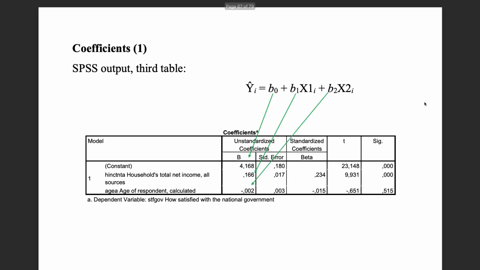And lo and behold, for the second coefficient that we have for our age variable, that's going to be the second coefficient in our table, as you can see here, because this is the row that belongs to the age variable.